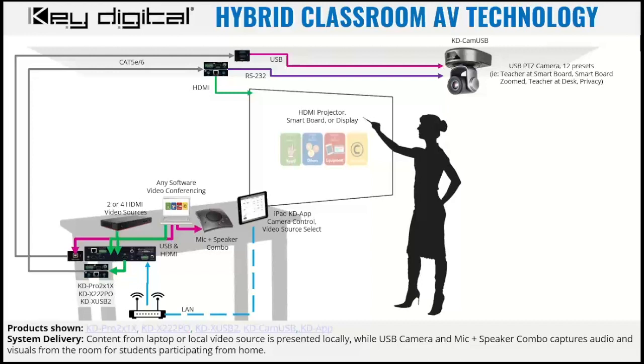But this is a system that will deliver to the students at home a very effective experience, a very familiar experience to those students, that it's going to look like they are sitting in their seat in their classroom from the vantage point that we can offer here.